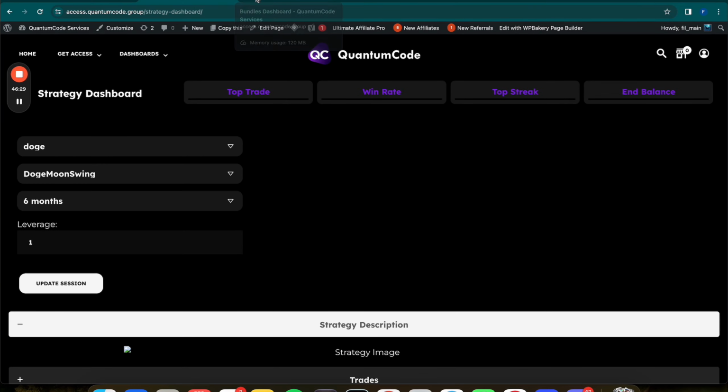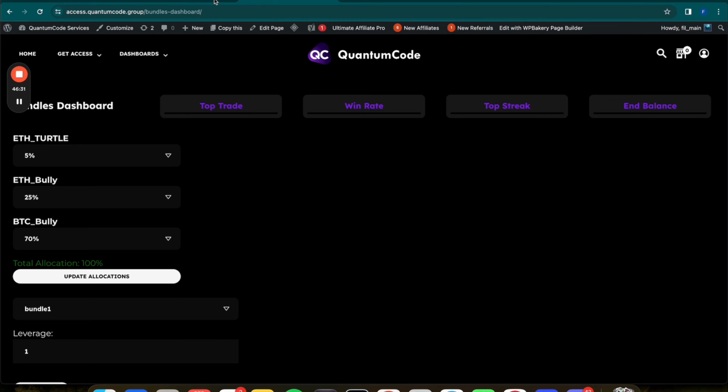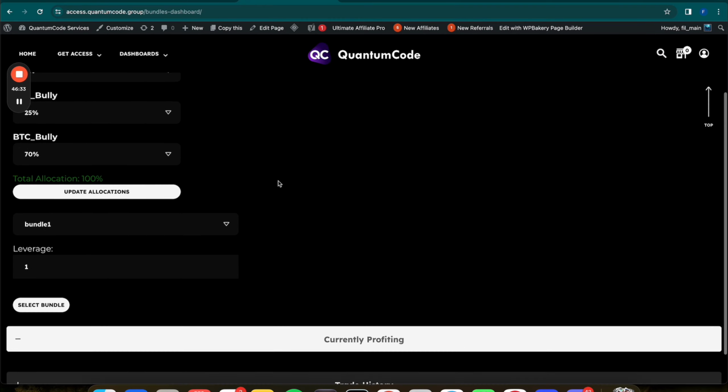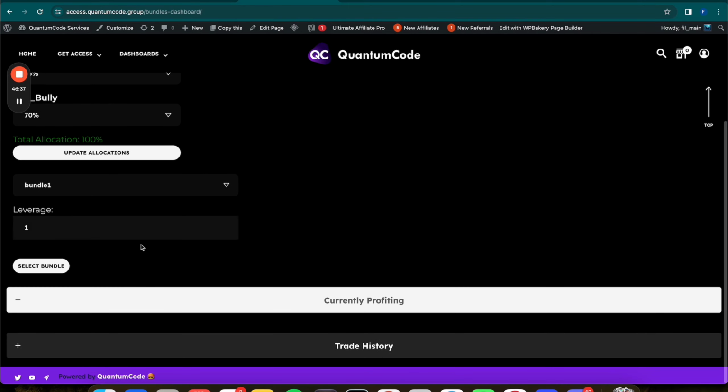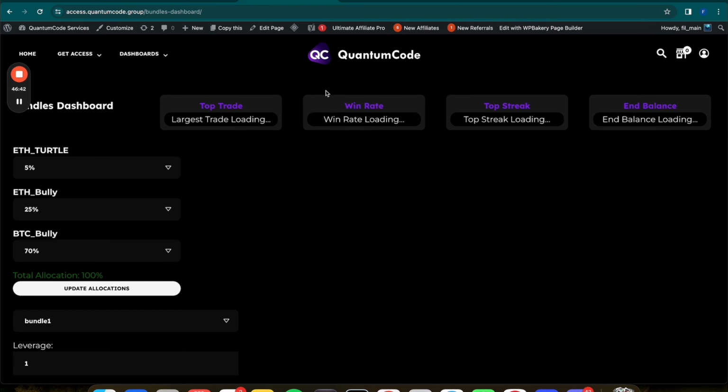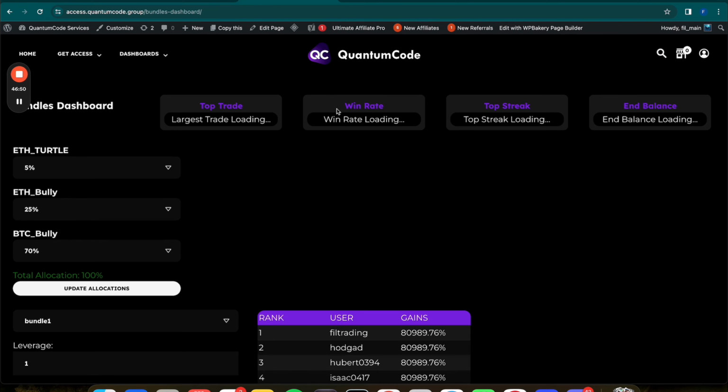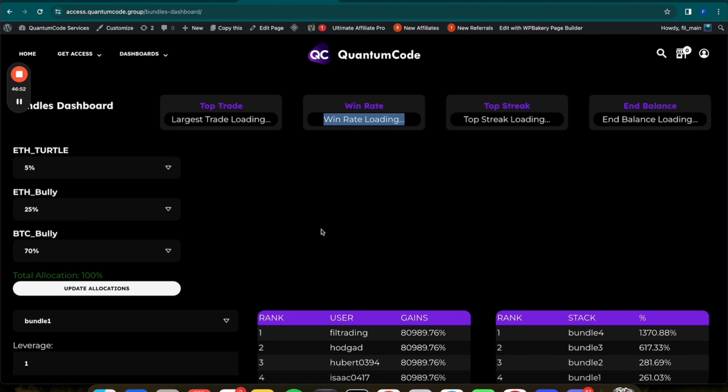So these dashboards and these strategies are essentially the first full project that we built in our hedge fund. And since then, we just started to develop it further and further. And then eventually, when the performance was good enough, we stopped developing it, and it has just been running ever since.